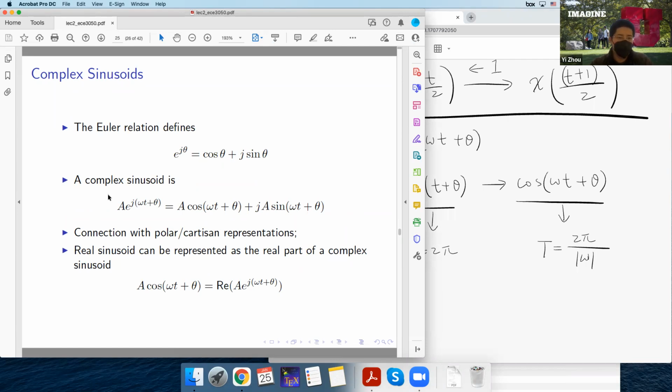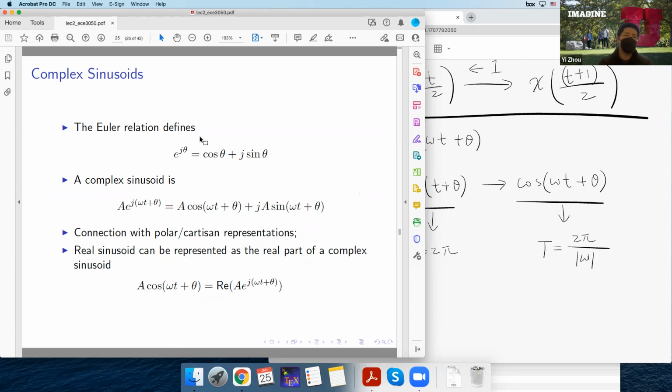And then we have this complex sinusoidal signal. It's a complex signal whose real and imaginary parts are both sinusoidal signals. So it's A cosine(omega t plus theta). This is the real part, a standard sinusoidal signal, plus j times another sinusoidal signal, but here we have sine.